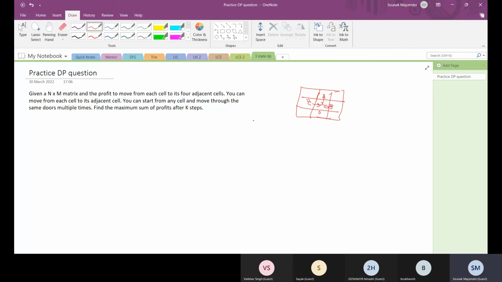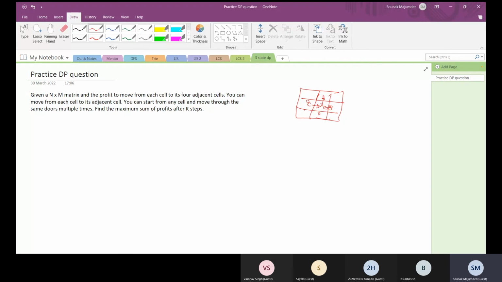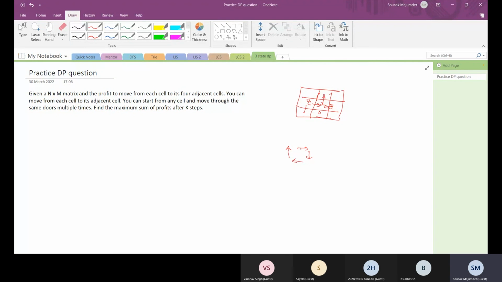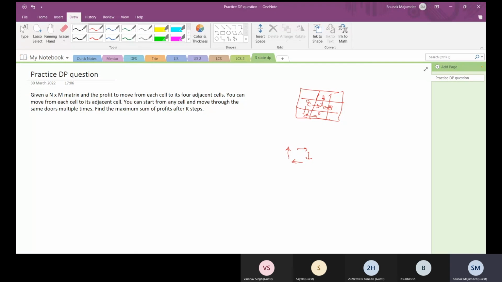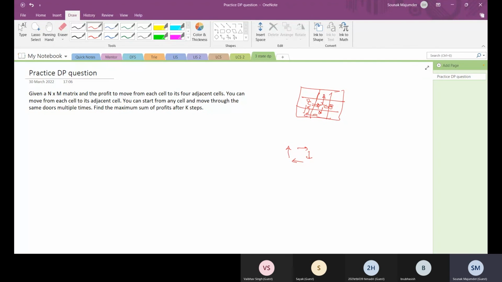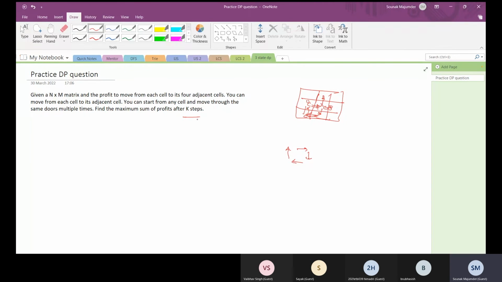Let's say you can start from any cell and you can move in all 4 directions, and you can use the same path twice. Like if you go from here, go from there, and again you can go there. And the number of steps is given as k.